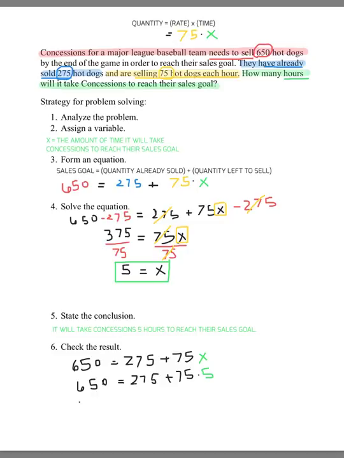On the left hand side, we'll bring down the 650. We'll bring down the 275 on the right. And 75 multiplied by 5 gives us 375. Now we bring down the 650, and you can verify that 275 plus 375 is indeed 650 as well. So we end up with a true statement, and that verifies that our solution is correct.